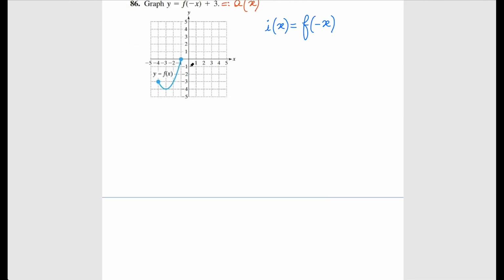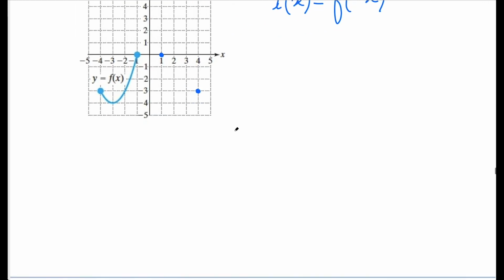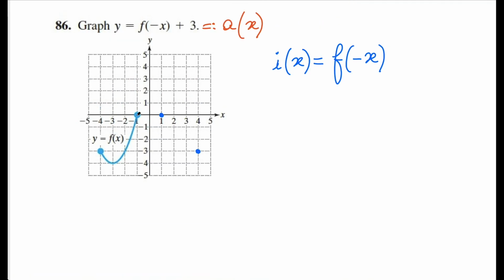Let's do it on the same graph. To obtain I, you reflect in the y-axis. So this point is going to become this, and this point is going to become this, right? Correct? So one more time. The coordinates of this point, let's zoom in so you can see it better, are negative 1, 0.